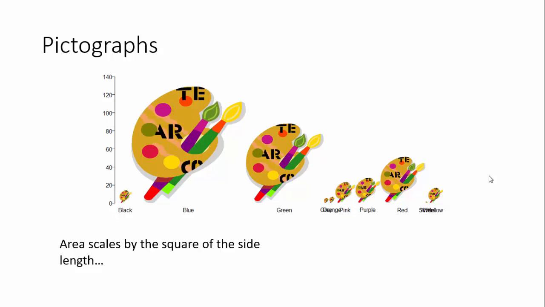Okay, and the problem with this is that we've grown the palette, this little picture, this pictograph. Each of the pictures has grown not only in height but also width, because we wanted to keep the scale of the palette the same, and so we increase the height and the width when we're increasing the quantity. And the problem with that is a lesson from geometry: the area scales by the square of the side length.